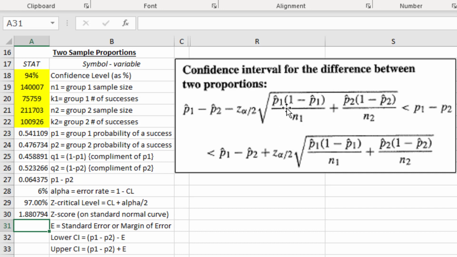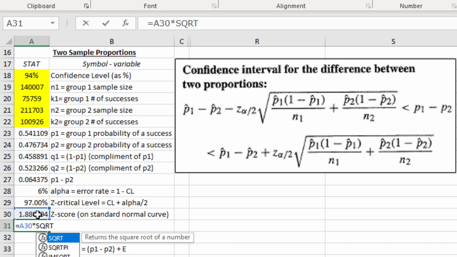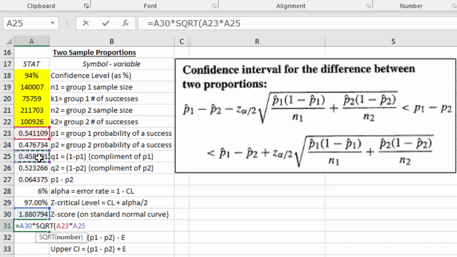So now all we have to do is recreate this formula. So it will equal the z of alpha over 2, so that's this thing that we just found, times the square root of all of this stuff, right? So the square root of p hat 1 times 1 minus p hat, which is just the same thing as q hat 1, divided by n1. We don't have to worry about any parentheses because order of operations with these fractions, it's all multiplication and division, right?